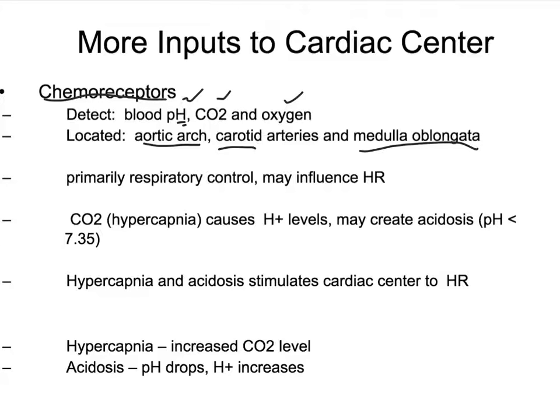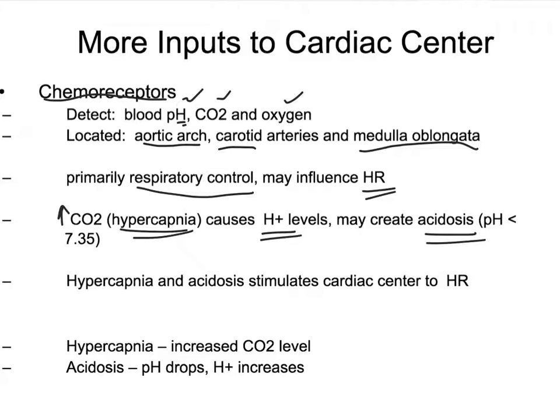Most of the time, what they are doing is controlling respiration, so how fast you're breathing, but they could influence your heart rate. So if you have high carbon dioxide, which is called hypercapnia, that raises the hydrogen levels, and when we raise the hydrogen levels, that makes us acidic or takes us into acidosis.